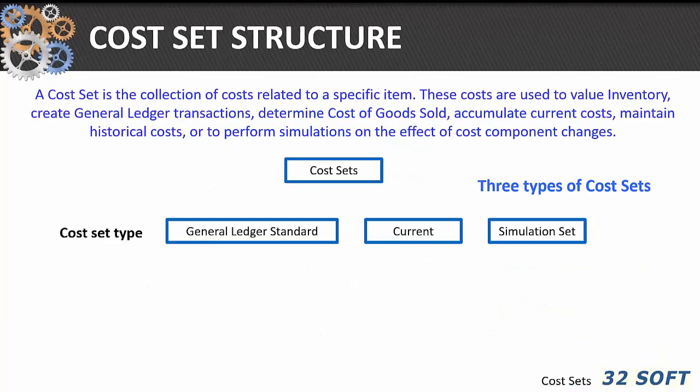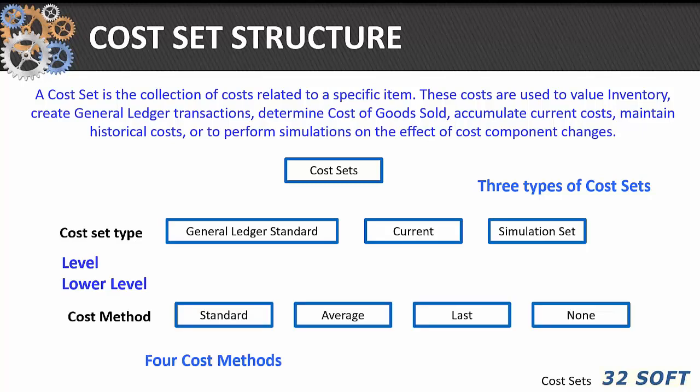So the cost sets, as we said, are basically 3. There's the general ledger, which is usually the standard. There's a current cost set, and then as many simulated cost sets as you need. Based on the bill of material, that's going to keep track of your level costs at this level or lower level costs, which are the roll-up from your 13.12.13 or your 14.13.13, the standard costs and routing roll-ups.